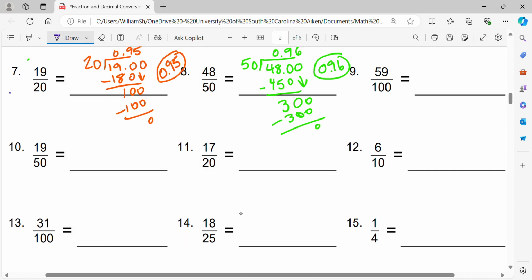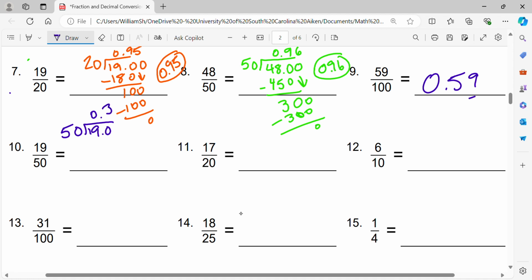All right, 59/100ths. So I need to put 59 in the hundredths place. Boom. All right, how about 19/50ths? Okay, I'm going to divide 50 into 19. Obviously it won't go into 19, so I need to add a decimal and a 0. How many times will 50 go into 190?